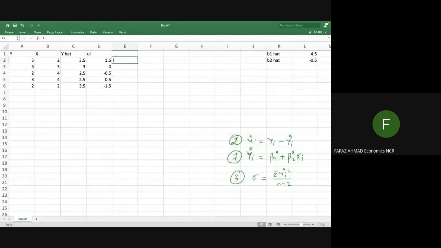So we use this formula number 1, then we use this formula number 2. Now we are using this formula number 3. For this we need ui hat squared. So ui hat squared is nothing but this thing squared, right?